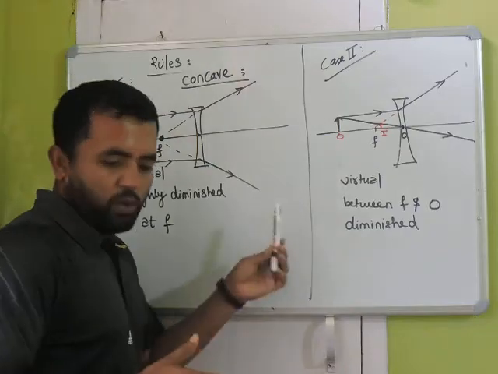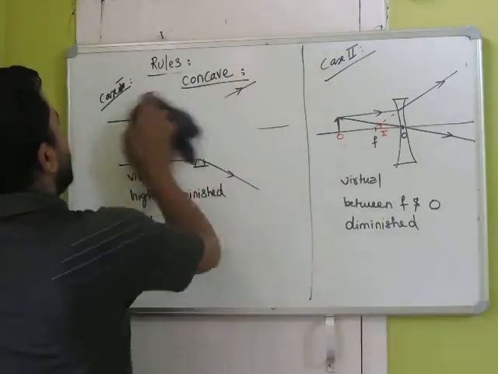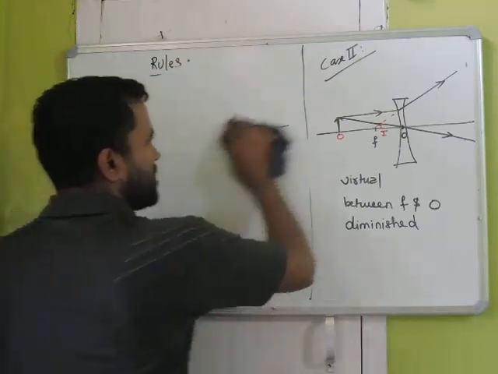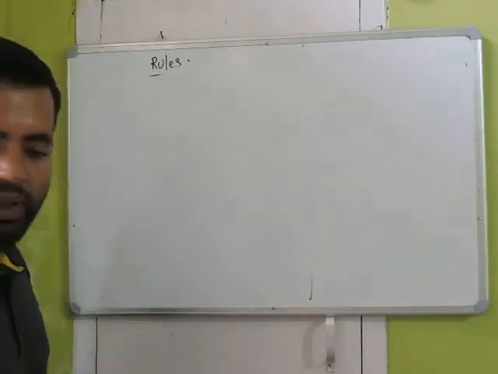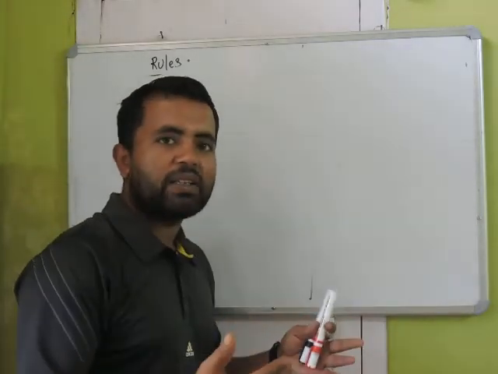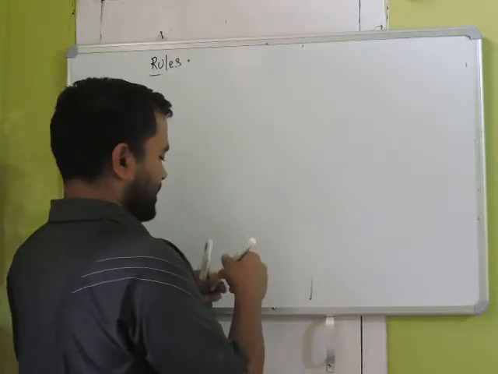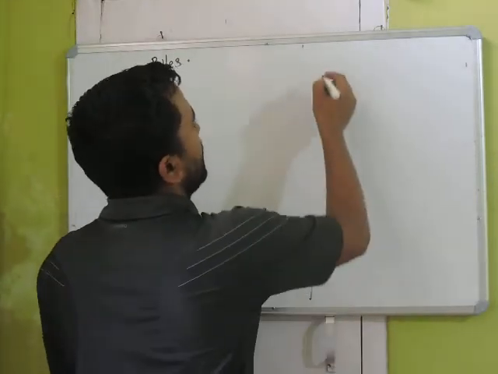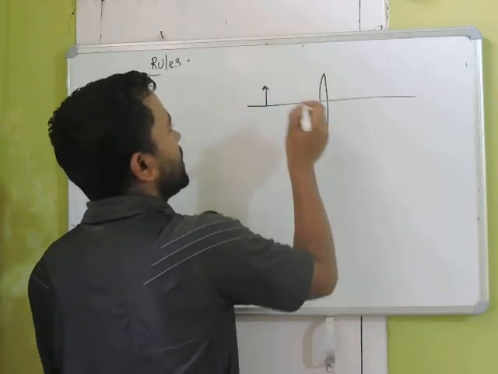Now one more thing I want to talk about, this virtual image and real image. Real image is formed where actually the real rays intersect. So let us take the example of this. Suppose there is a convex lens and I put the object here.